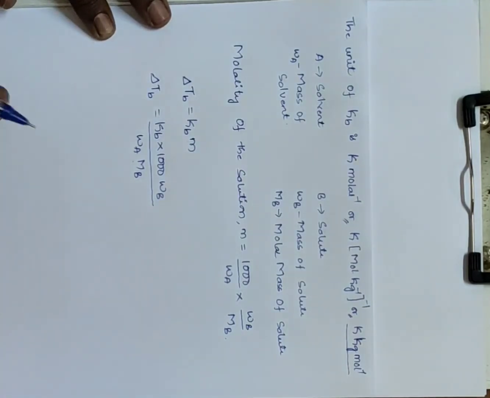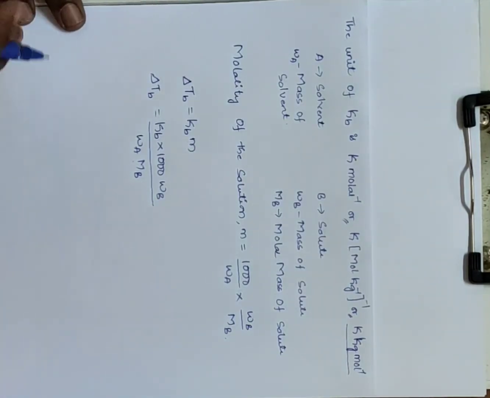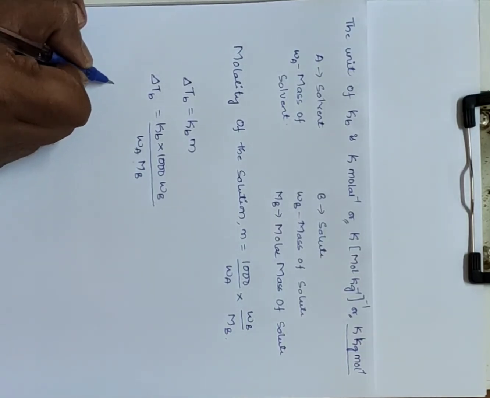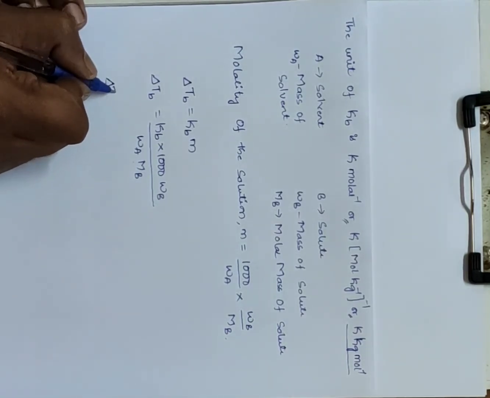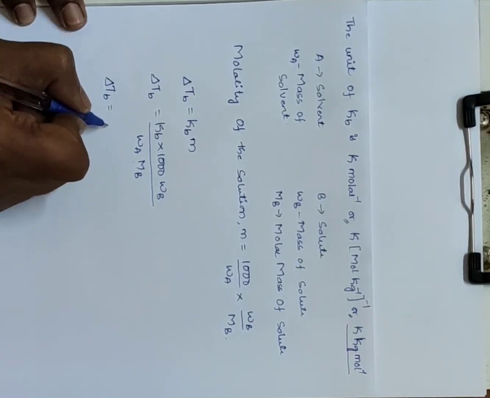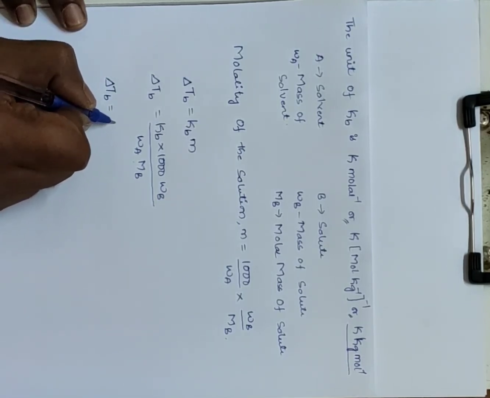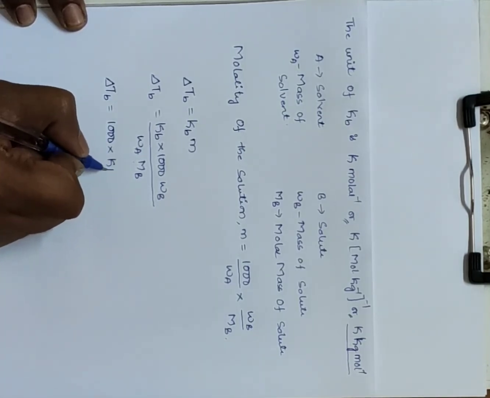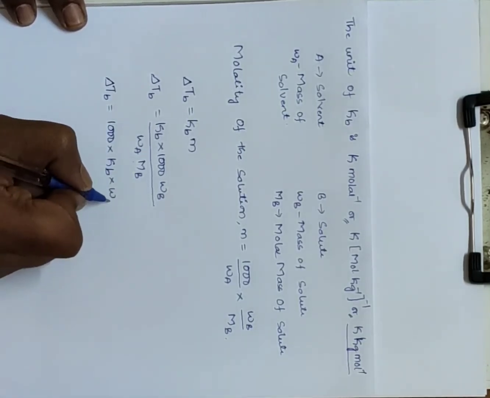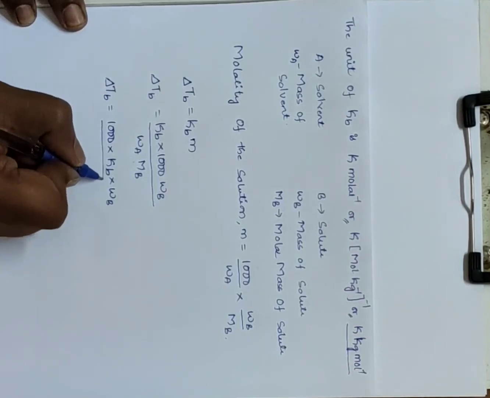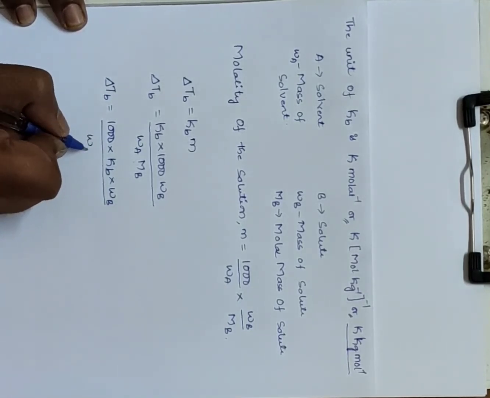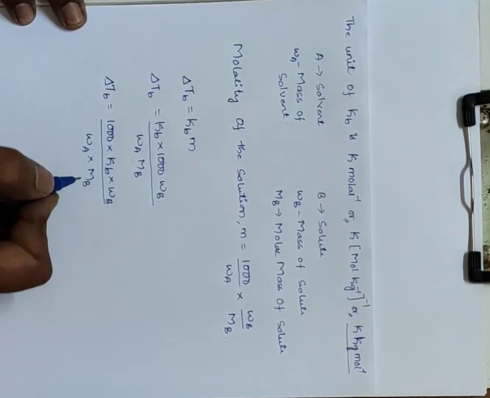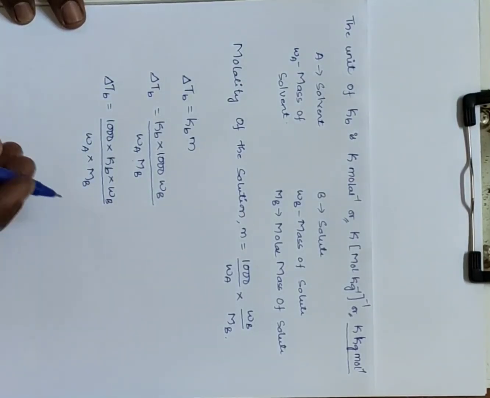This is delta TB value. So what I will do is rearrange the terms, that is delta TB is equal to 1000 into Kb into WB whole divided by WA into MB, molar mass of solute.